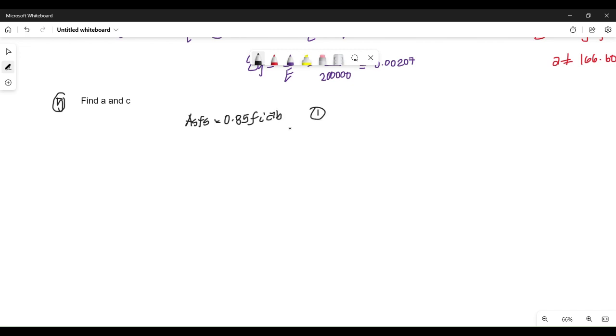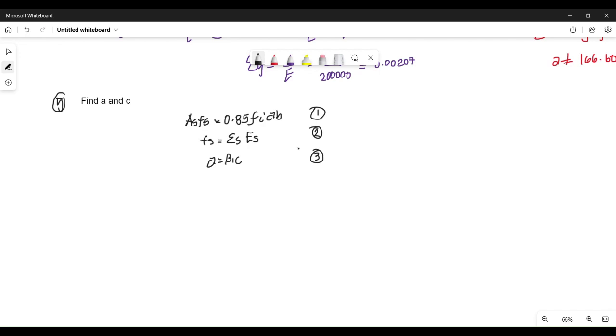This is our equation 1. Next is our Fs. Fs equal to strain S times Es. This is our equation 2. Equation 3 is A is equal to beta 1 C. Equation 3. Okay?